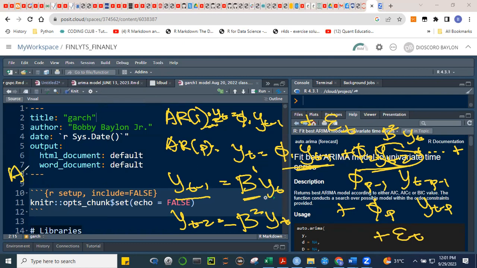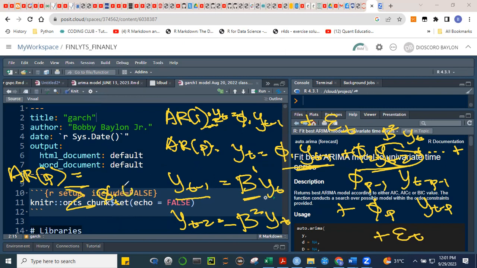So, of course, yung AR sub p, assuming no constant, it's actually the summation, no? The sum of what? Phi, and let's call it phi sub i, okay?